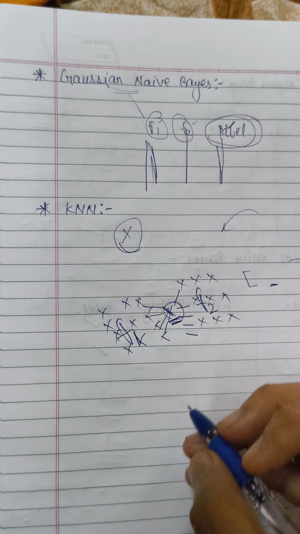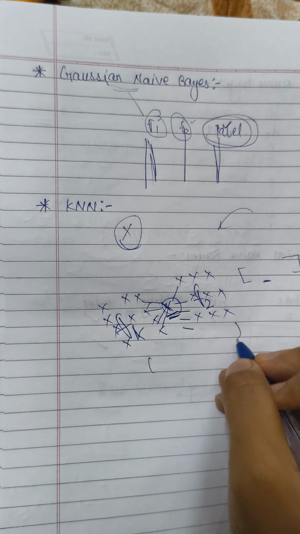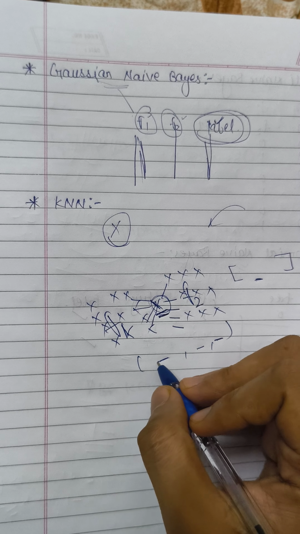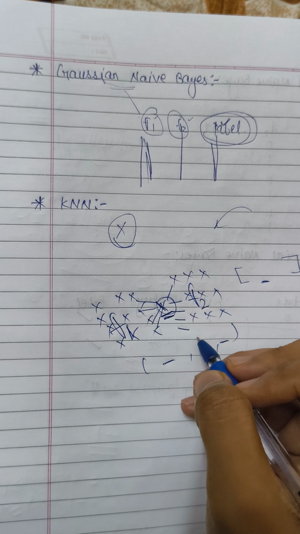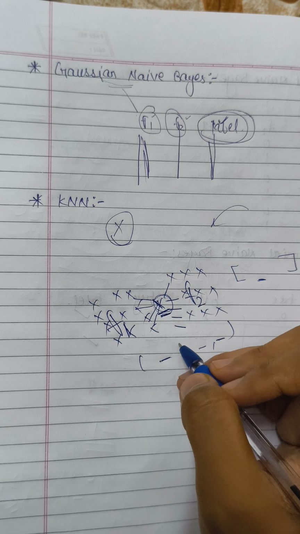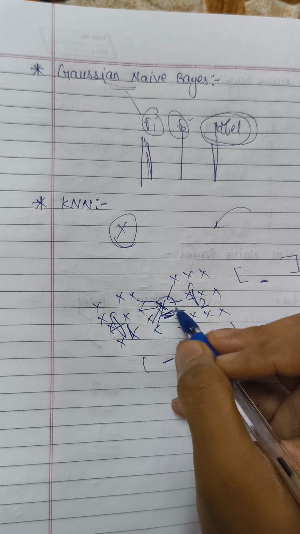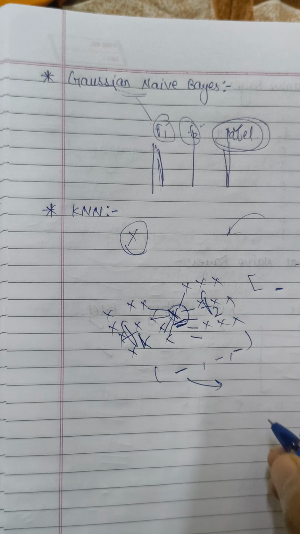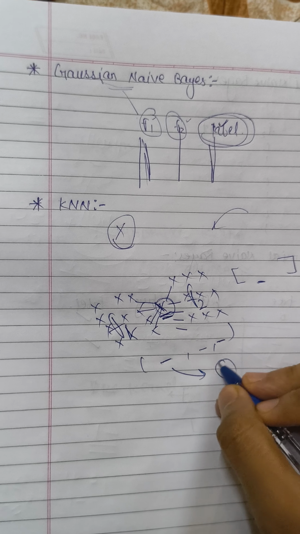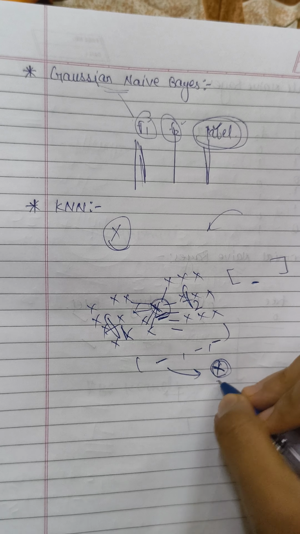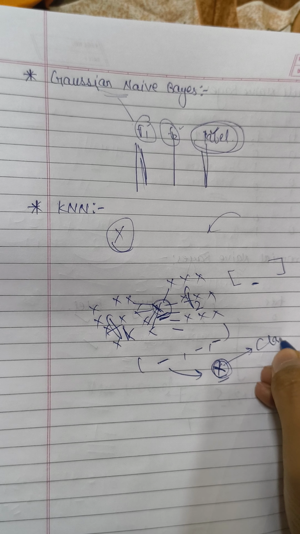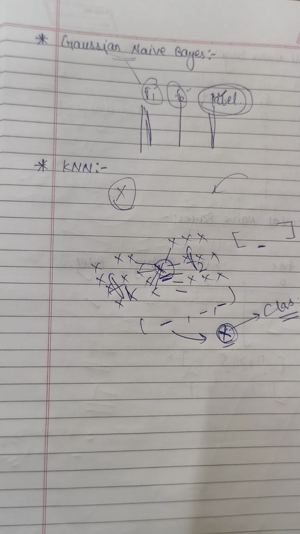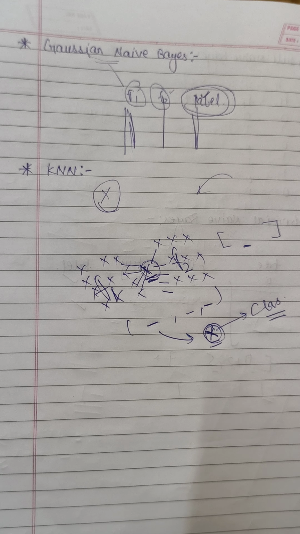Then we take the average of the k nearest neighbor values. Suppose k is equal to 3, then I will find the 3 nearest neighbors for this data point, and whatever their labels are, I will choose the average and do the classification, that my particular x new data point belongs to this particular class. So you must have understood the concept on which it is based.